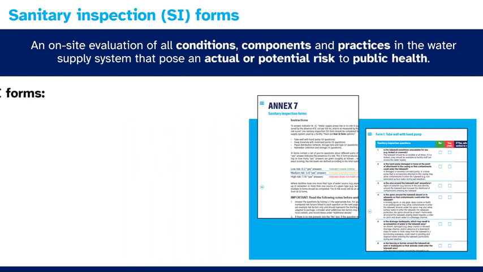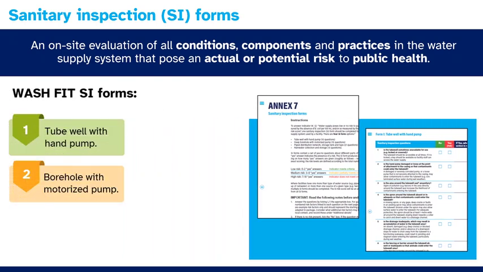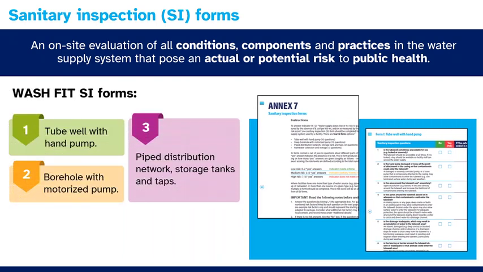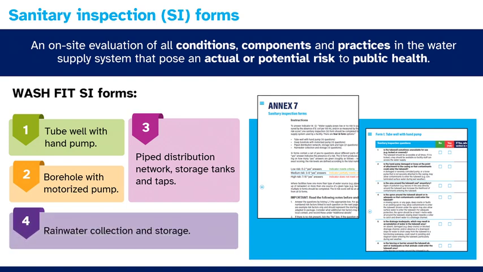The four forms are for tube wells, boreholes, piped distribution networks, and rainwater harvesting. The forms contain a set of yes/no questions to identify the presence or absence of risk and produce an SI score to quantify overall risk levels.